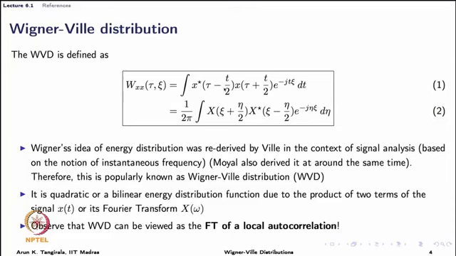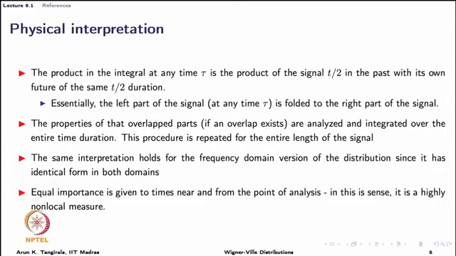When I am computing the Wigner-Ville distribution, I need to understand what is happening. Like in the short time Fourier transform, I know what I am doing. I am essentially breaking up the signal into a bunch of sine waves and determining how much each sine wave is present in the signal and at what time. Here, if you look at the product in the integral, at any point in time I am looking to the left and to the right of the signal.